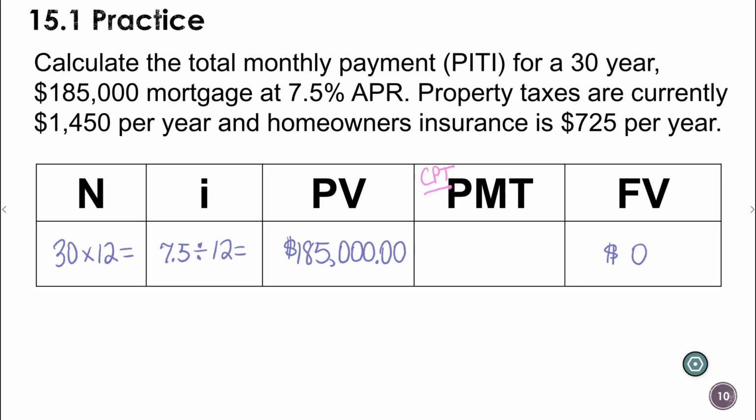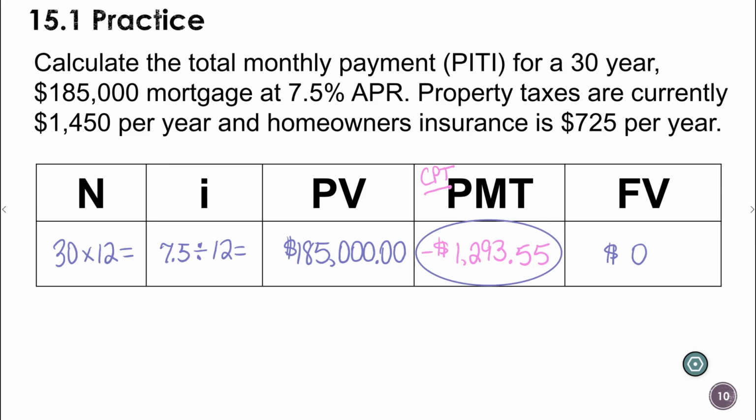And then we're going to compute the payment. Now this was a little bit more expensive mortgage and the interest was higher. So you'll understand why this payment is $1,293.55. So that's the part we computed with our calculator.